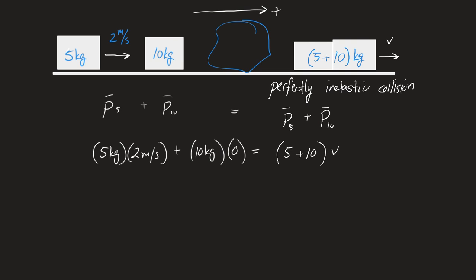This is generally how these problems work out. Now, clearly I have 10 kilogram meters per second of momentum before the collision, so I must have the same amount of momentum after the collision.